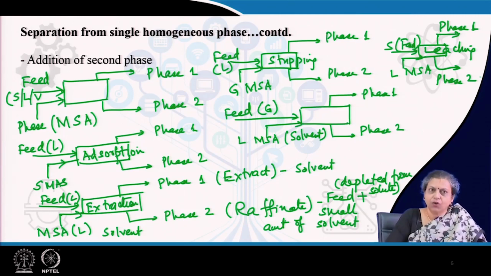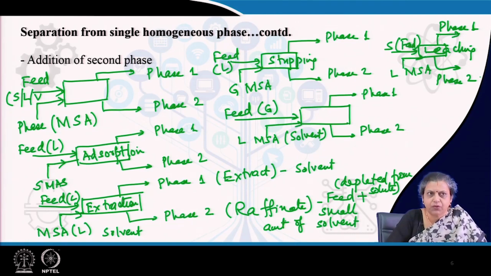We can add a solid which preferentially adsorbs some particular components, and we can perform the process of adsorption. We can add a gas which preferentially strips off some particular component from the liquid feed, and this process is known as stripping.